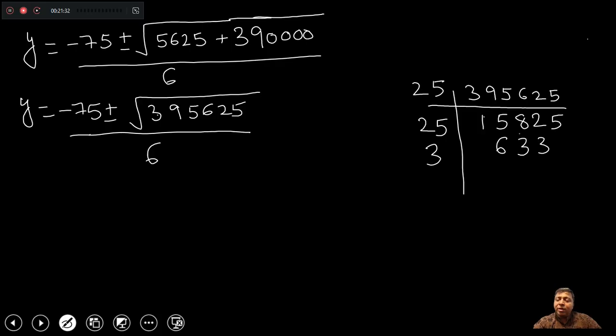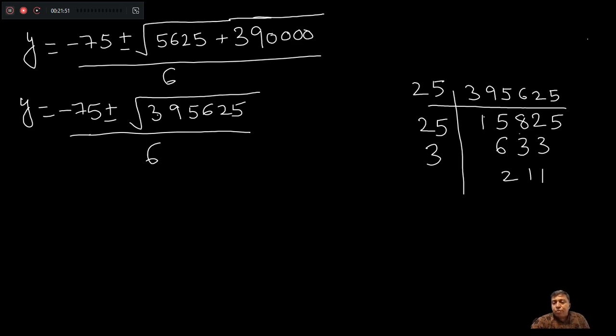Now, 3 times 211, and now the square root of 211. We have 211. Now this seems to be a prime number.